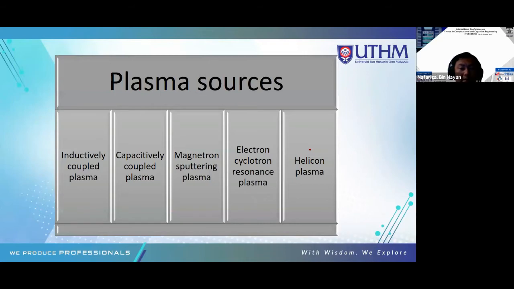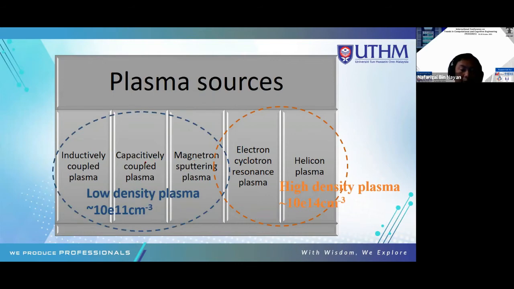So for the plasma source, these are the most common sources that we can get in the market. Two types of high density plasma are electron cyclotron resonance plasma and helical plasma, and then we have three types of low density plasma: inductively coupled plasma, capacitively coupled plasma, and magnetron sputtering plasma.